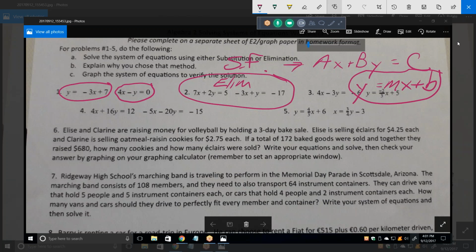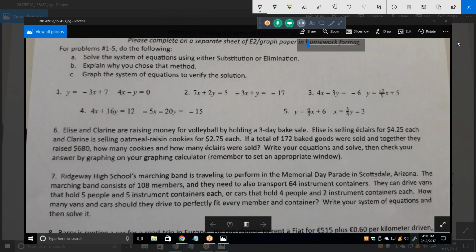Okay. Okay? Now let me erase everything and we'll see if you learned it. So how are we going to do number one? By substitution or elimination? Substitution. Okay. And what you basically do is you go into the equation that's in standard form, and wherever you see y, you substitute that.